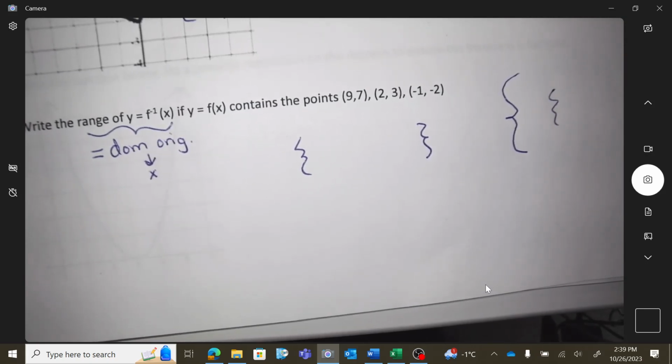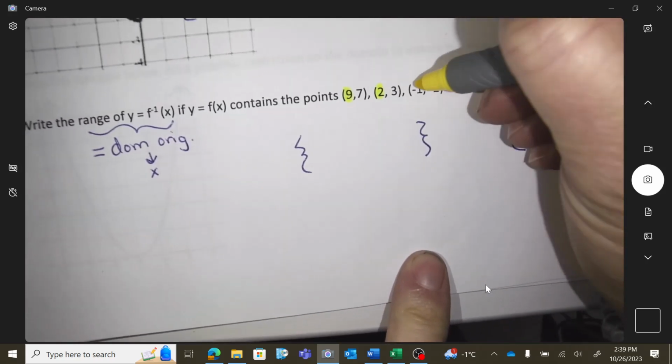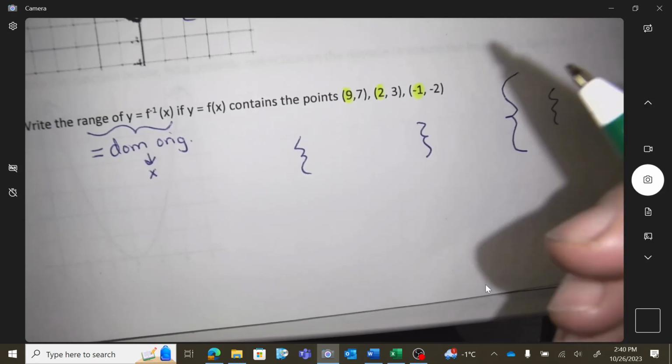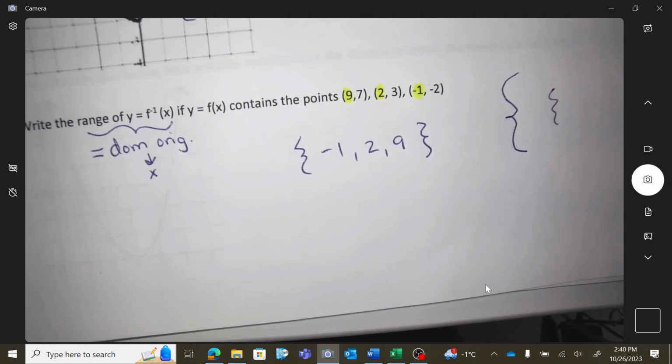So squiggly brackets in math mean just listing a few things. So the domain of the original contains those items. So my range will have those items. And what I'm going to do is list them in order, like that. Okay?